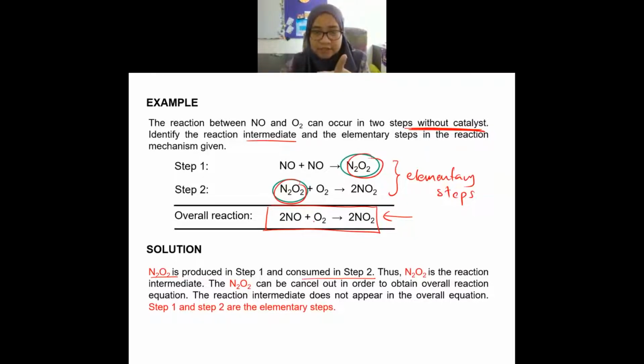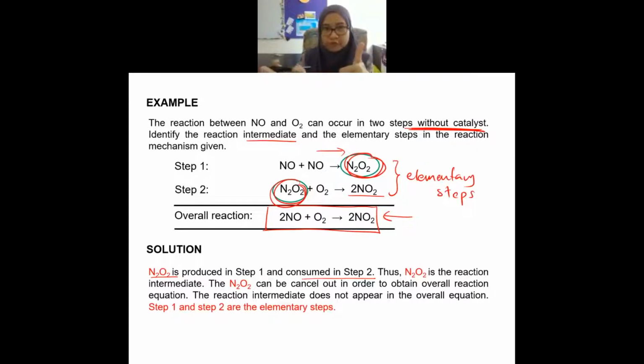A characteristic of an intermediate is that it will first be produced as a product, then later on used as a reactant. See, it is produced first as a product, and later will be used as a reactant to produce the product in the following step. That is one.